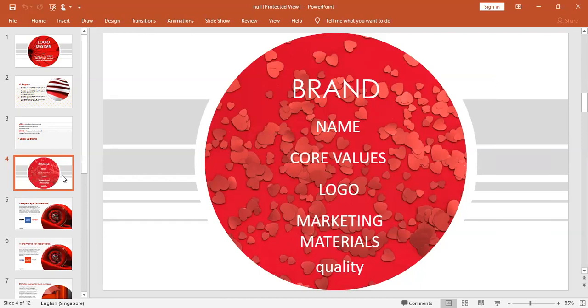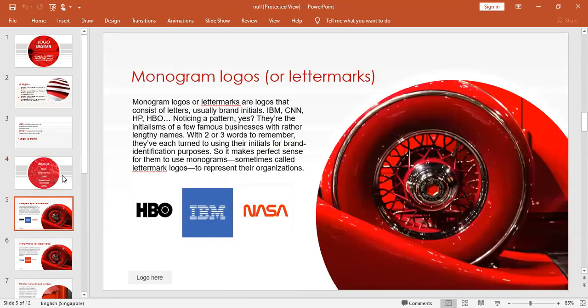Then the types of logos: monogram logos, which we also call letter mark logos. There are two types of logos, guys.